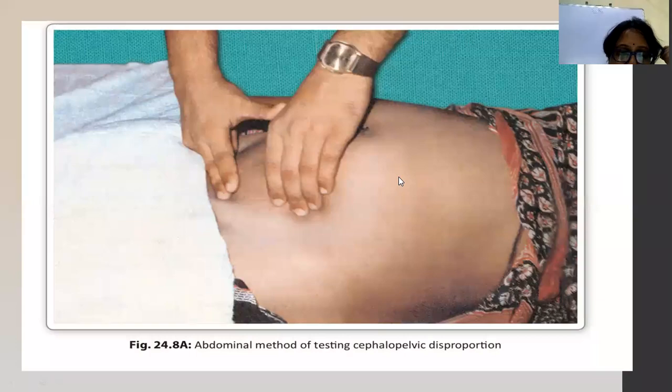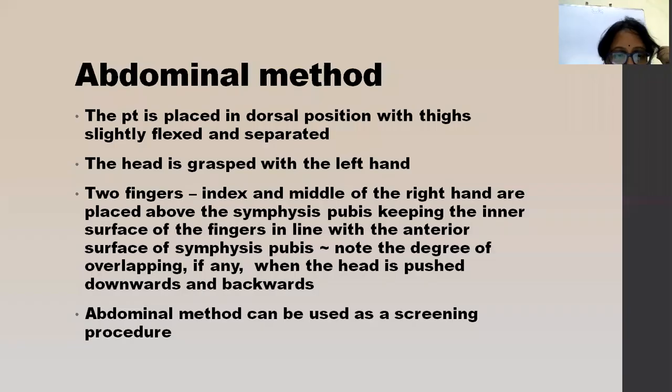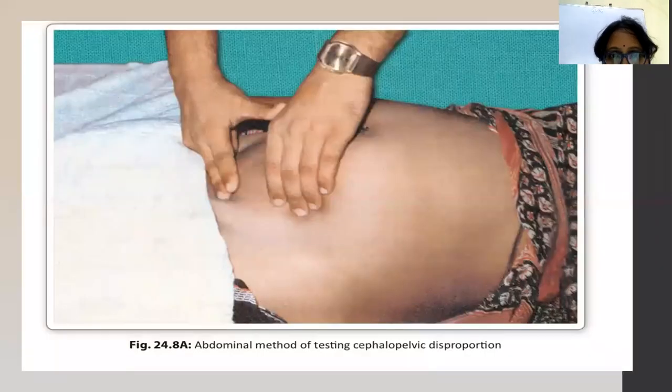When the head is pushed downwards and backwards, we have to note whether there is any overlapping of the bones. This can be used as a screening procedure in routine OPD clinics. This is how you will do the abdominal method.